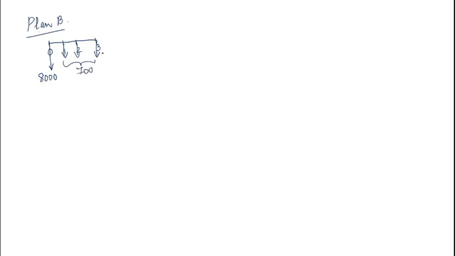So let us compute the present worth of this. So present worth of this will be 8,000 plus, let me write down the formula first, A times (1 plus i to the power n minus 1) upon i times (1 plus i) to the power n.